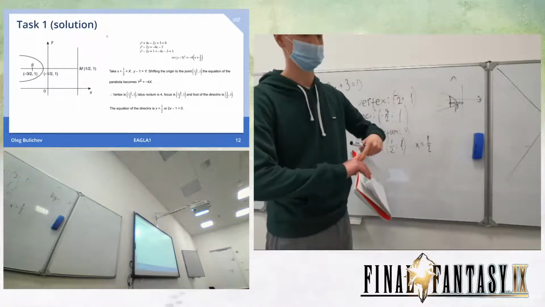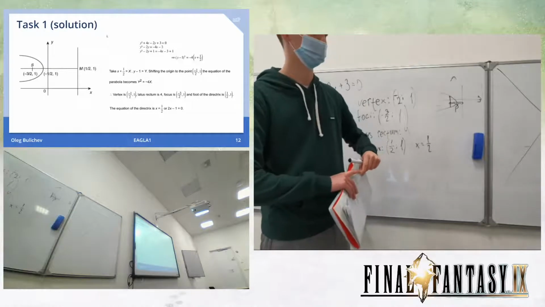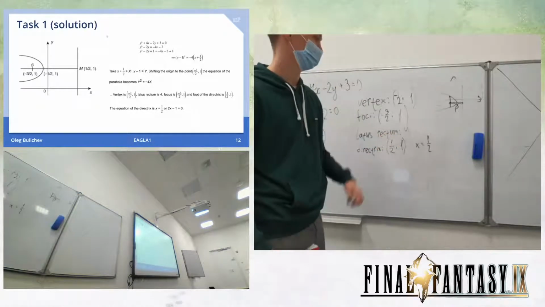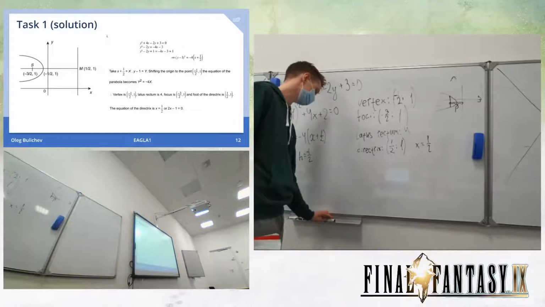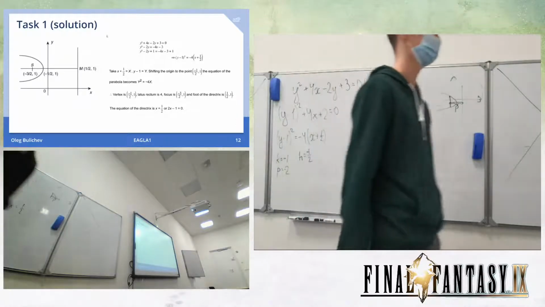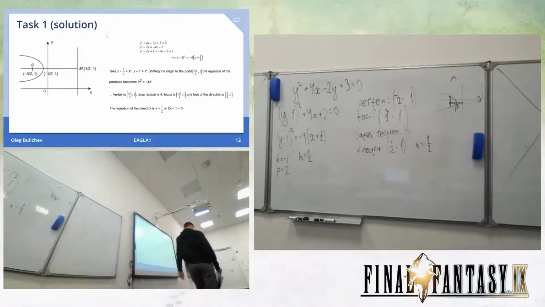We need to multiply by 2 in modulus, and we can find the length between them.